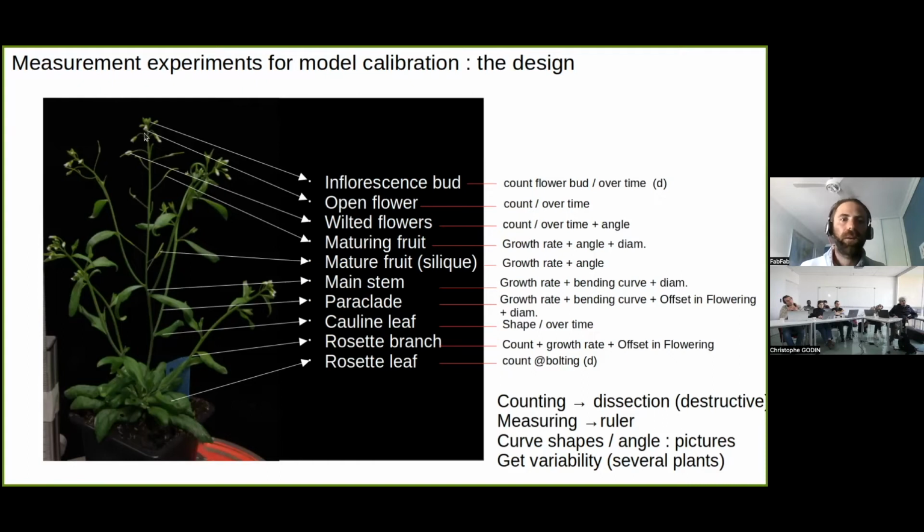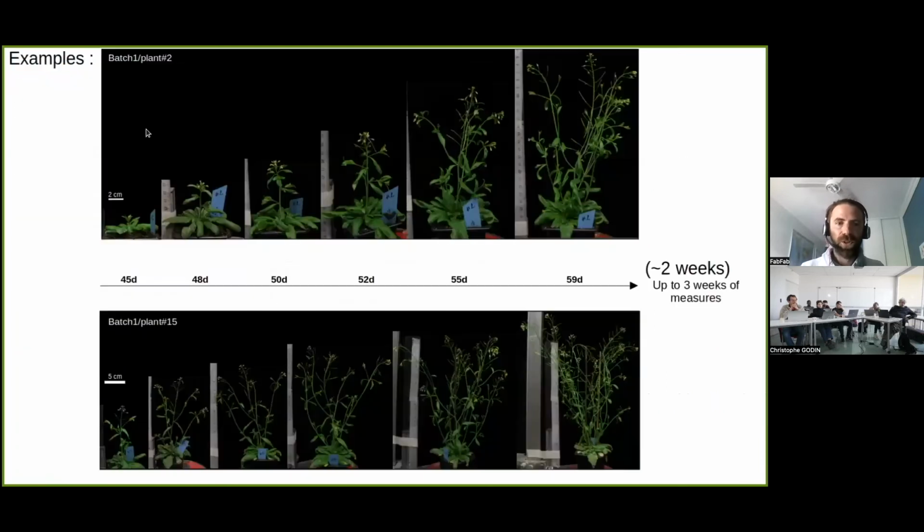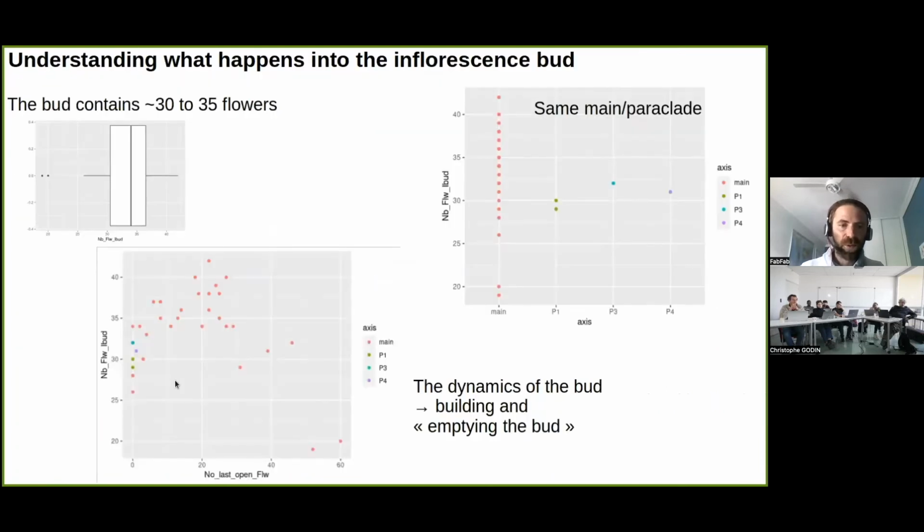So I would say that, looking at this picture, this last open flower is number 15. Okay. And of course, if you come 2 weeks later, you have a very long stem with a lot of fruits, and maybe the last open flower will not be number 15, but number 45. Okay. So that's what I plot here.